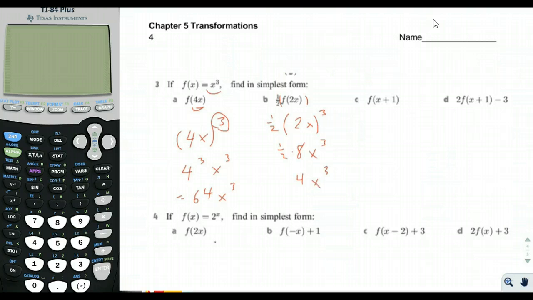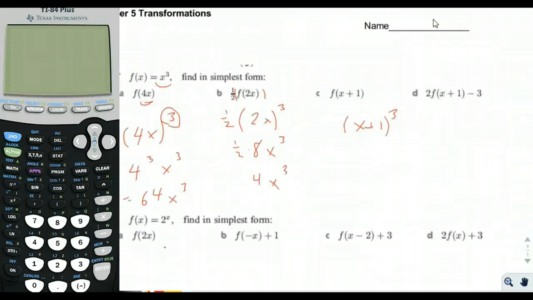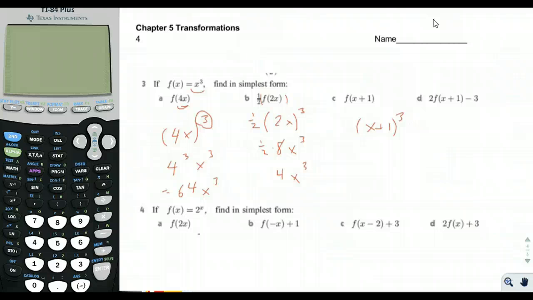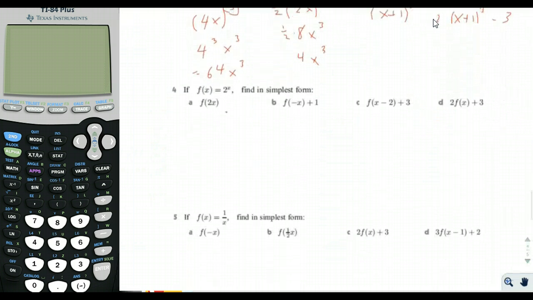F of x plus 1, so you put x plus 1 inside the function. And then if you want to expand that, you can, but you don't really need to expand that. You just make a big mess. Here you put x plus 1 inside the function, so x plus 1 inside the cubed, multiply it by 2, and then you subtract 3. Okay, all right.